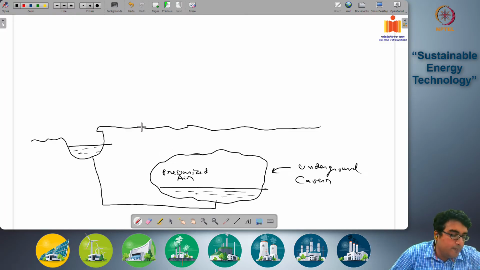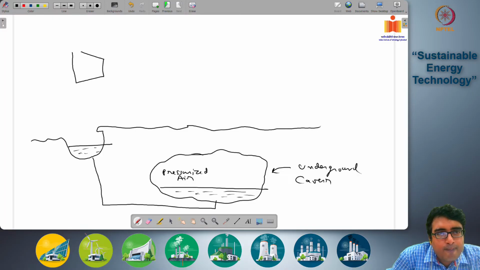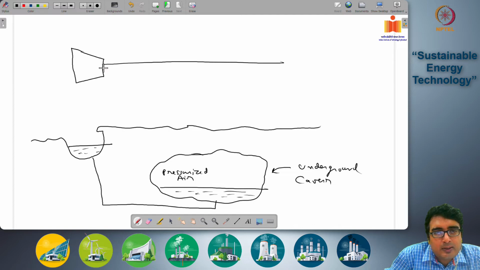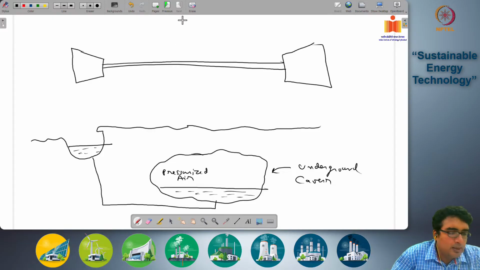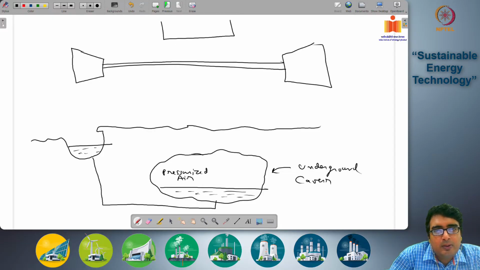First, we will see the input and the output lines. So let's put the compressor. Here we have the gas turbine. Here we have the combustion chamber.